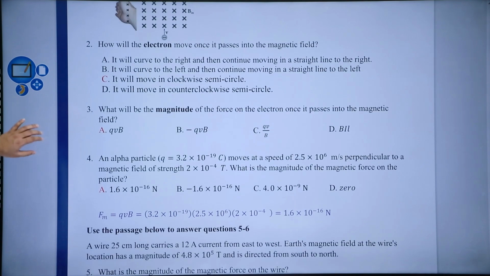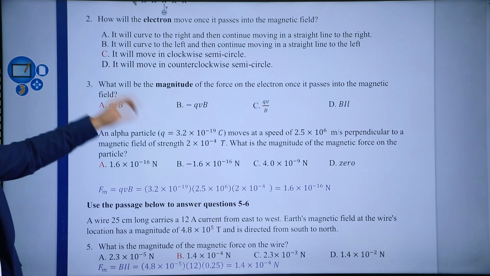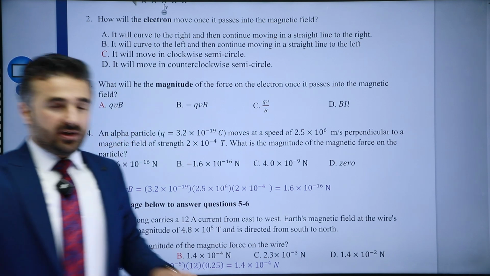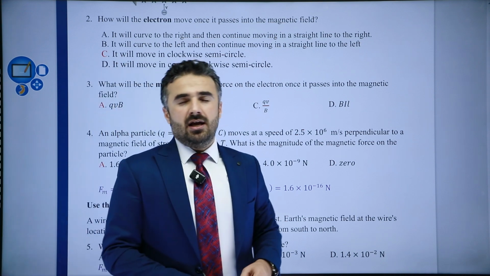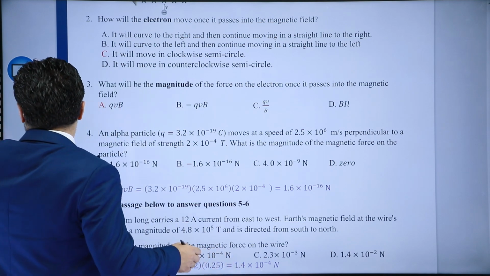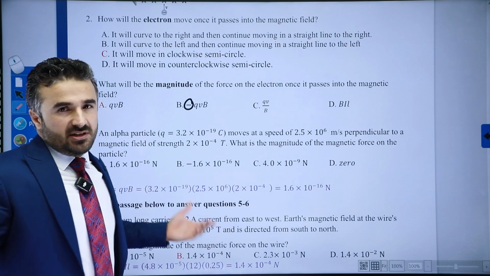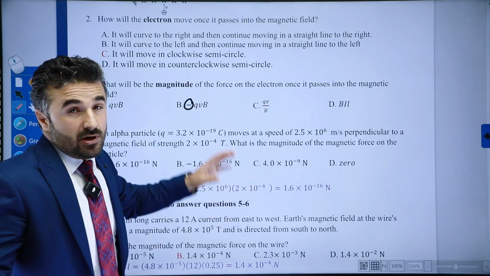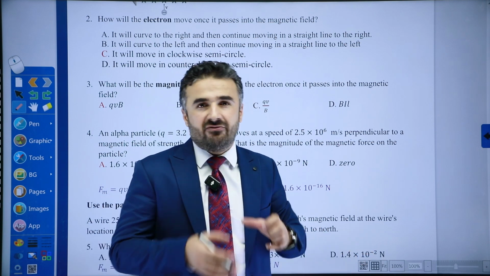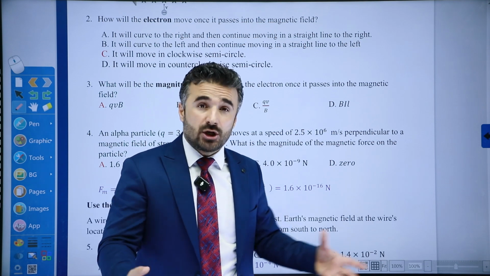Question 3: what will be the magnitude of the force on the electron once it passes into a magnetic field? When it comes to this, a lot of students will get it wrong. Why? Because since it is an electron, they will just go with this option here. Because we do know that the charge of an electron is negative, they immediately choose this one. No. Remember, it says the magnitude, so just the value, how much the force will be on an electron, not the direction of the force.